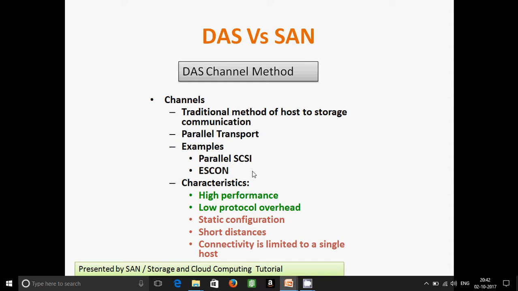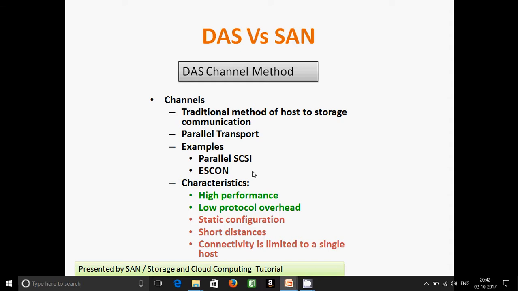Alright guys, and what was the benefit of DAS? It is high performance and low protocol overhead. And what was the drawback? It was a static configuration, this technology can be used only for short distances, and connectivity is limited to a single host.